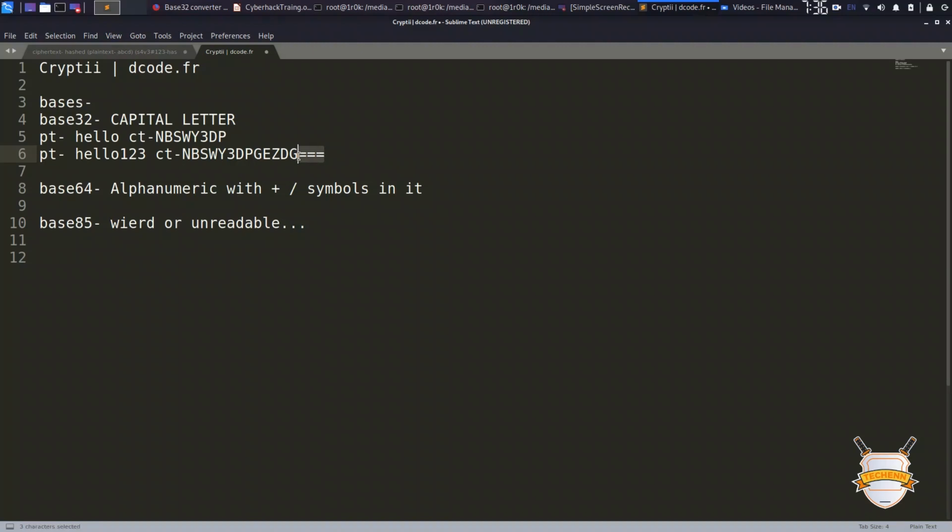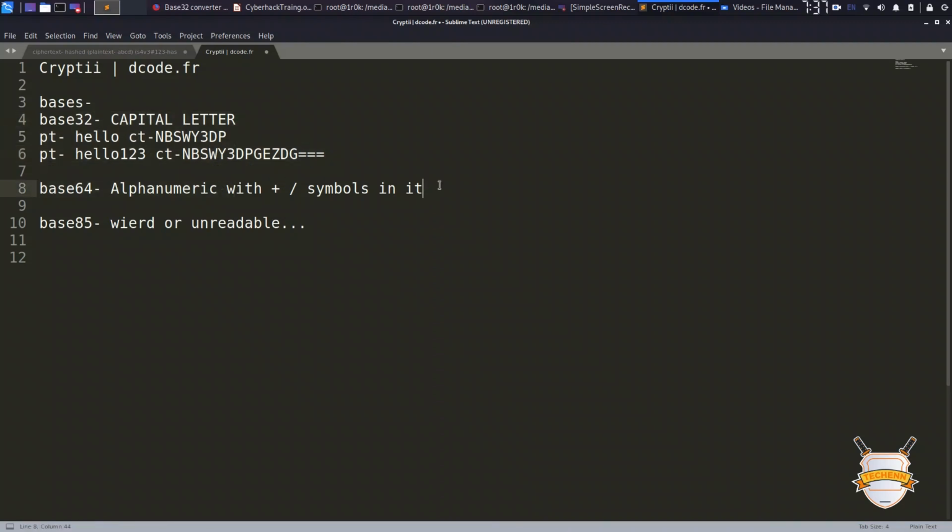So these equal signs act as padding to our cipher. Whenever you find these equal signs, directly go for the bases, because base 64 and base 32 usually have these equal signs in them. Okay, so this is our base 32.